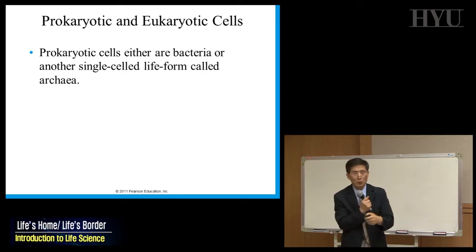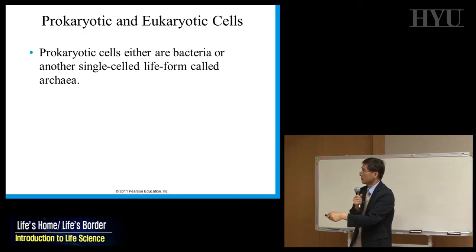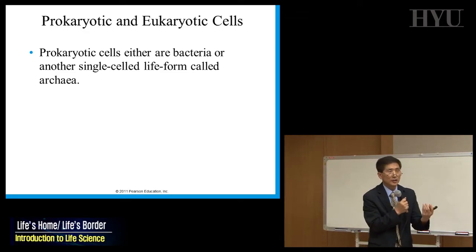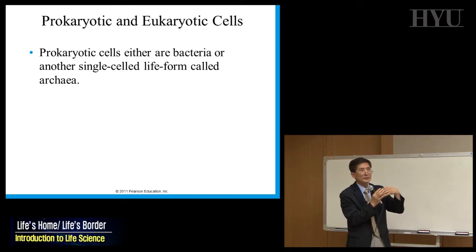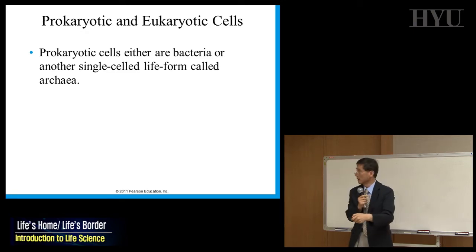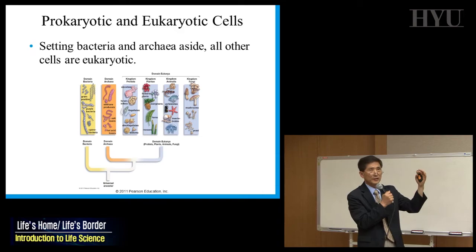So what are prokaryotes? There are bacteria, and another group called archaea. It's a type of bacteria, but its meaning is old bacteria, archaea. So this is the division of all living things.